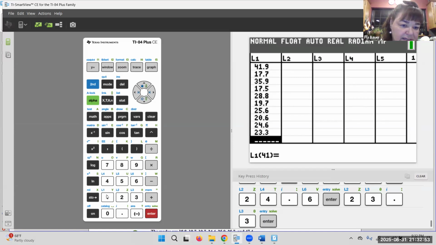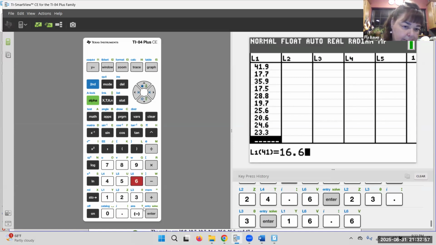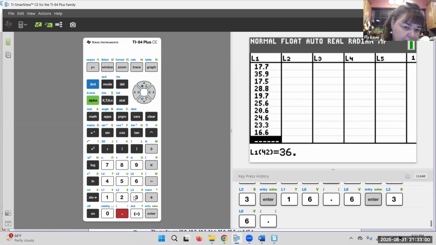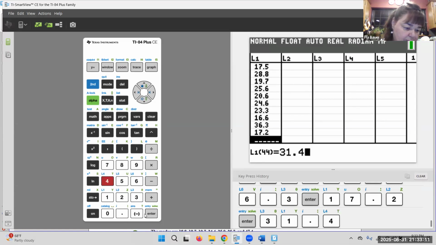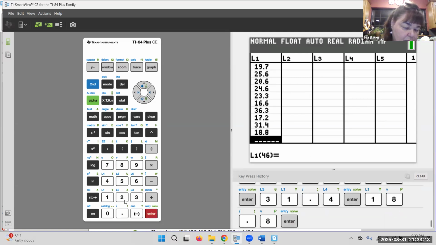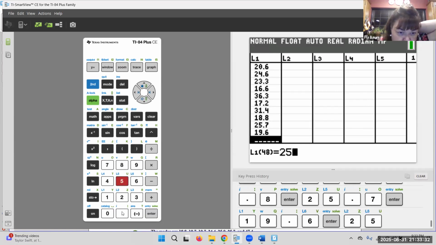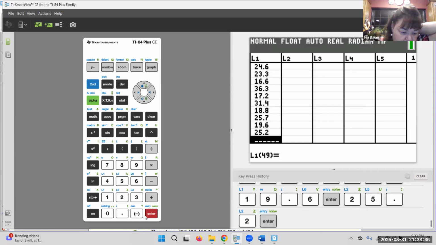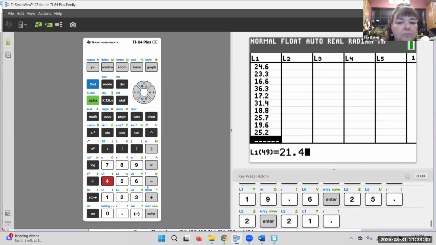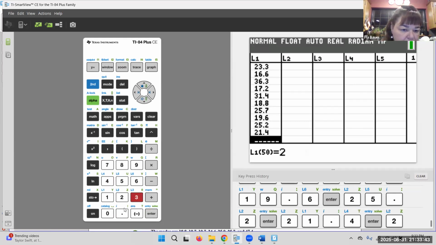Okay, so the last column, 16.6, 36.3, 17.2, 31.4, 18.8, 25.7, 19.6, 25.2, 21.4, and 23.6.